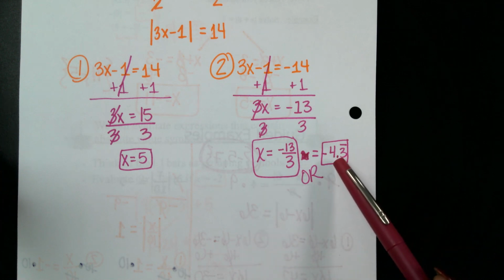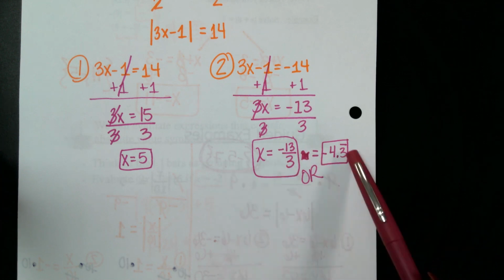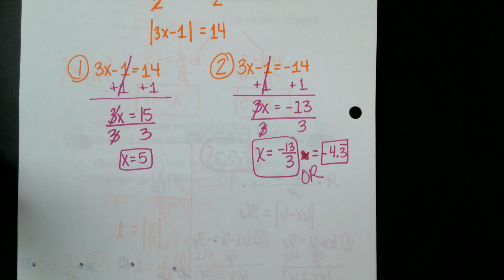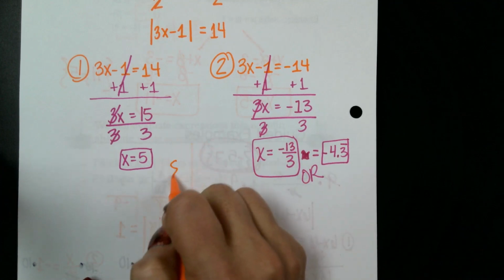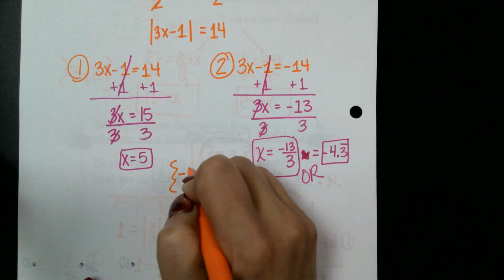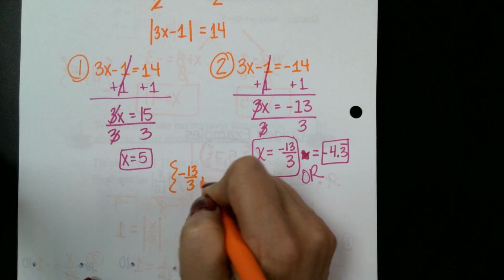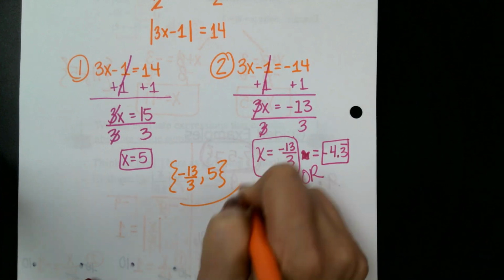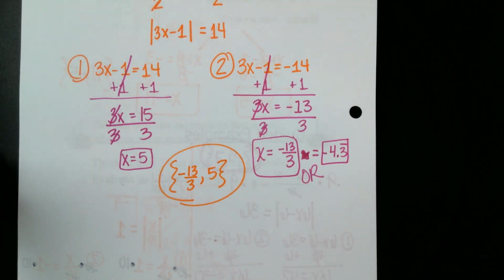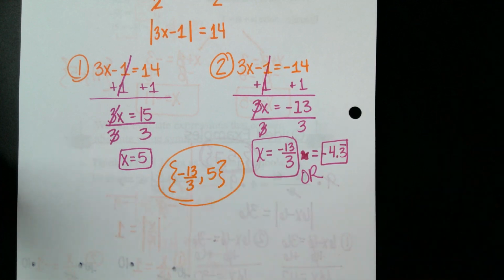But it's negative 4.3 repeating. So either one of those, no matter which way you wrote it, would be considered correct. So let's see, negative 13 thirds and 5. Or you can put your decimal and then the 5. But that's set notation, showing us the 2 answers.